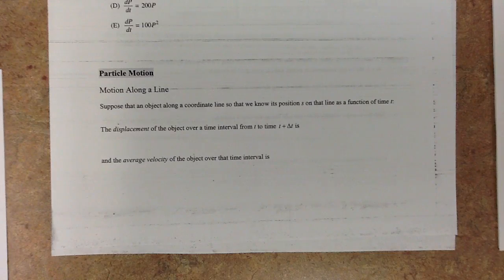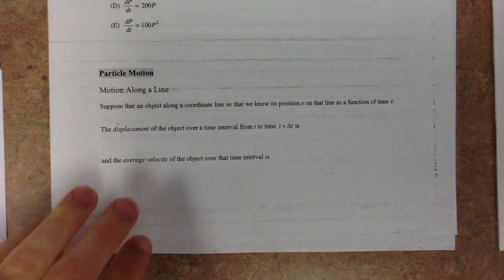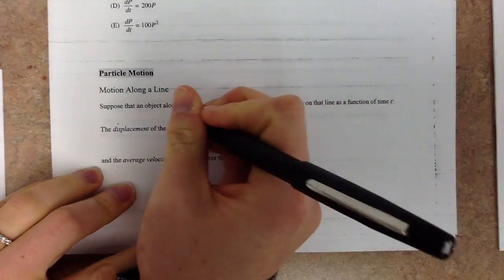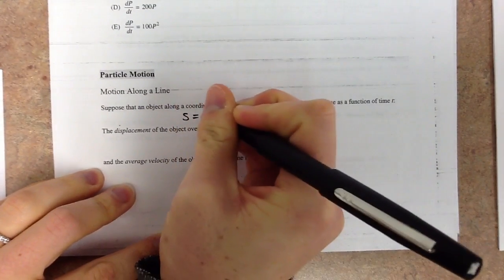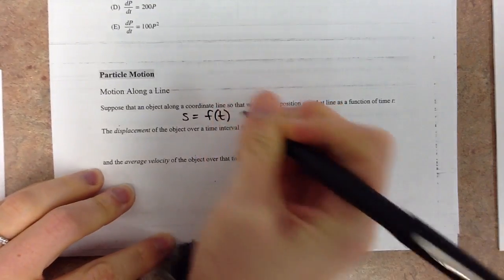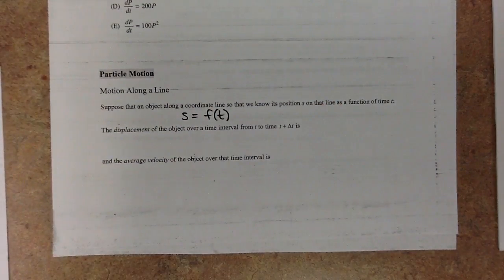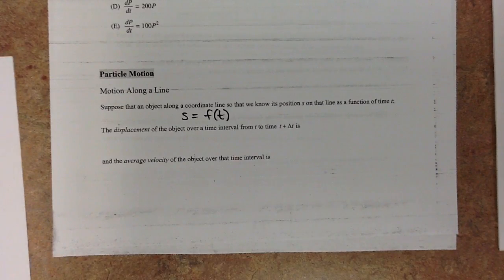So suppose an object moves along a coordinate line, so we know its position s. Here's what we're going to write. The position is equal to f of t, so the position is a function of time.